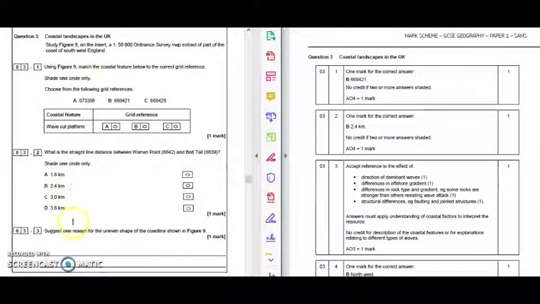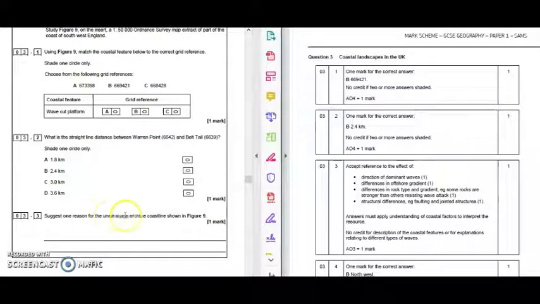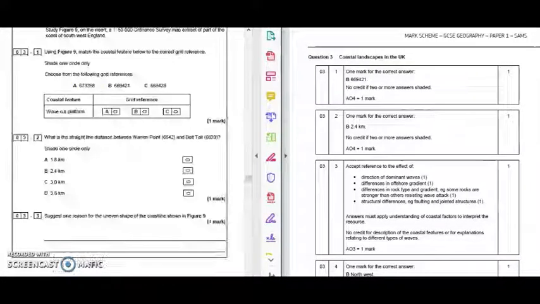2.4. Question 3.3. Can you give or suggest one reason for the uneven shape of the coastline shown in the figure? So why is it all uneven? So in terms of looking at the mark scheme, I guess the most obvious answer you could say here is there are differences in the rock type.